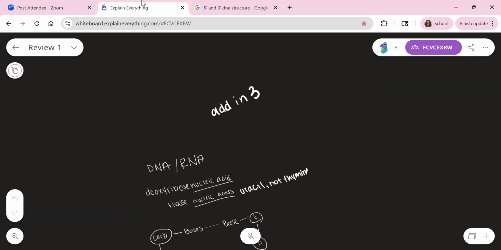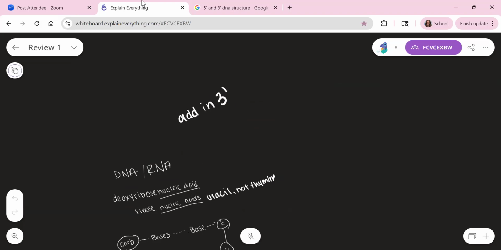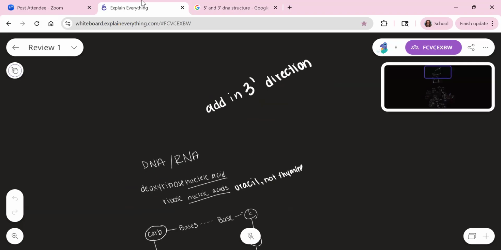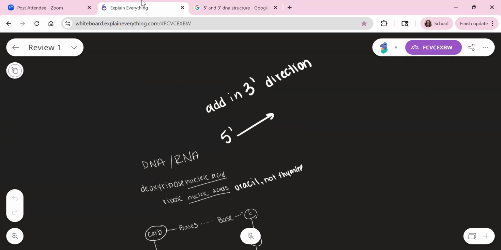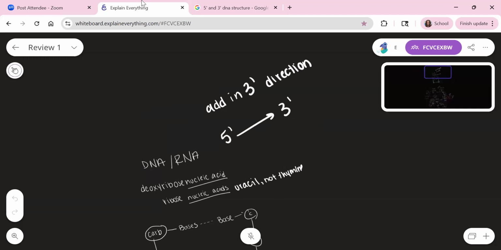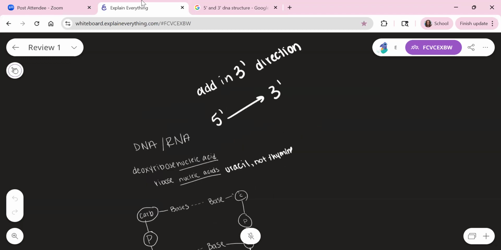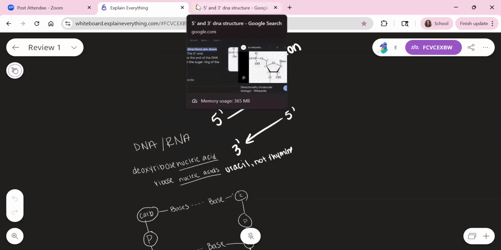Prime is basically labeling what carbon we're looking at. So when we build DNA, we're going from the 5' end to the 3' end. And one thing to know about DNA is that it's anti-parallel, which means we have a 5' right here and a 3' right here. So this is what DNA looks like, and this is mostly for replication and transcription processes.